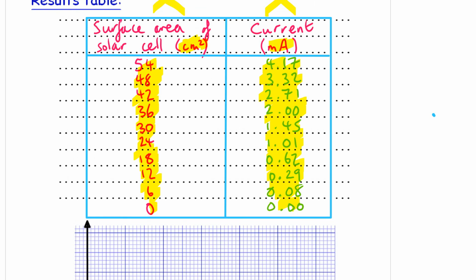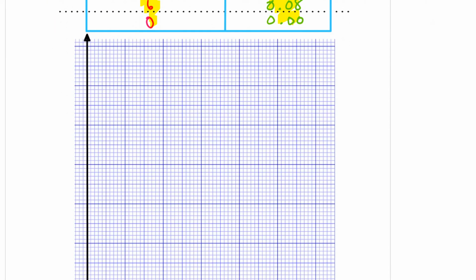So, independent variable, horizontal, dependent variable, vertical. Surface area of solar cell. Don't forget the units, centimetres cubed.